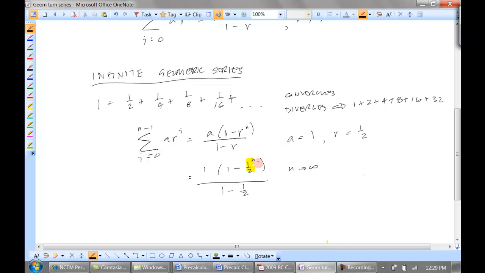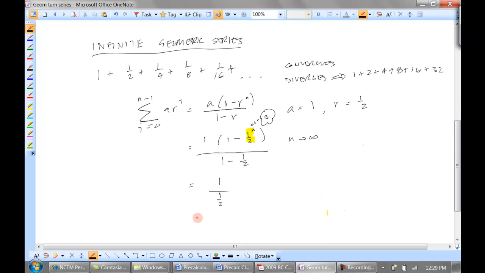So this term actually gets closer and closer to 0. And so we end up with 1 minus 0 all over 1 minus 1/2, which is 2, which leads us to the conclusion that this infinite series, this infinite number of terms, if we add them up, gives us 2.